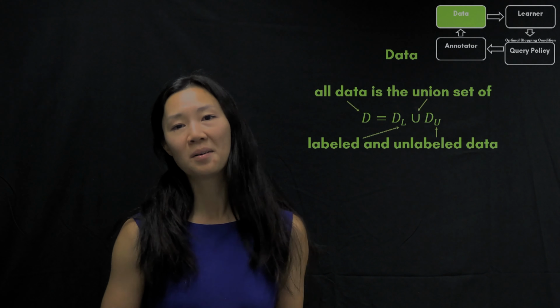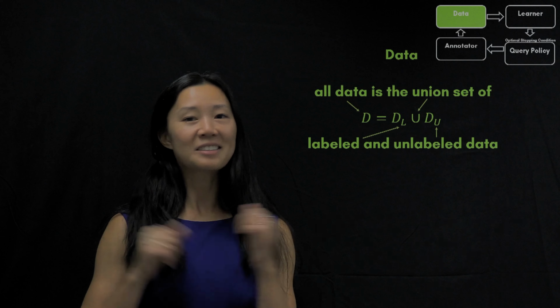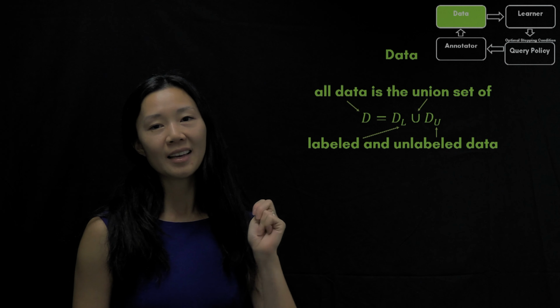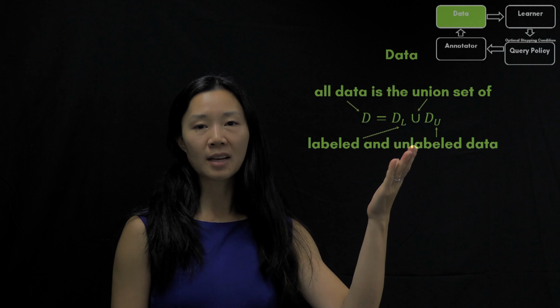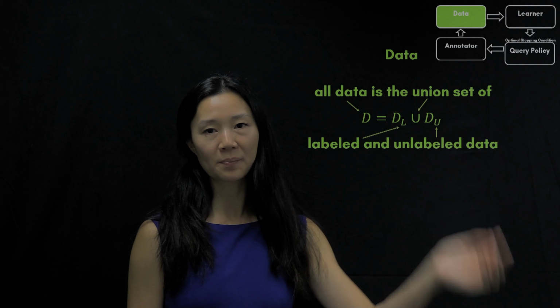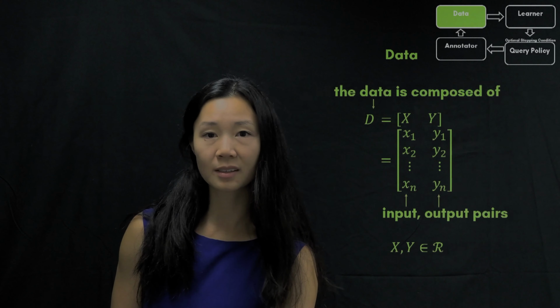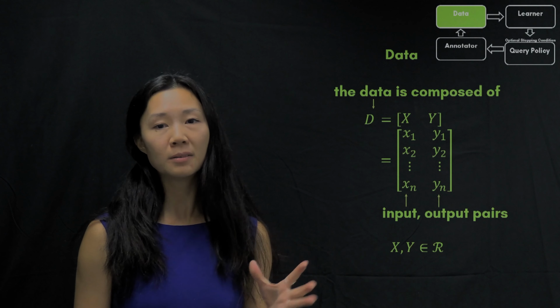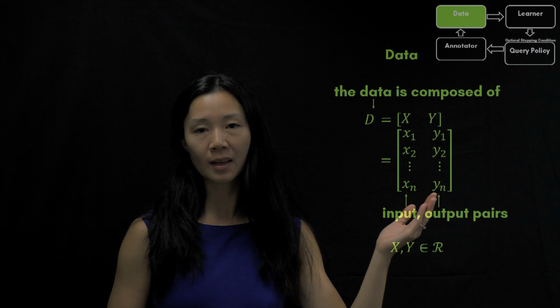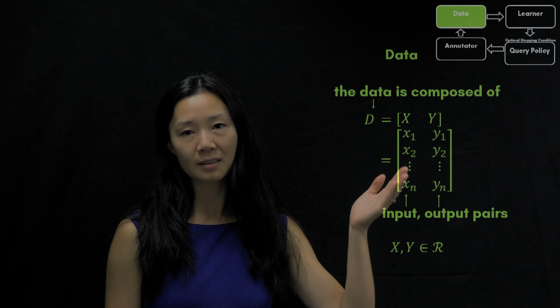The data, what we start with. As a reminder from the previous video, all of the data is a union set of some labeled data and some unlabeled data. Labeled is L, unlabeled is U. And the data is composed of training pairs of input X and output Y, where you can look at it iteration by iteration.